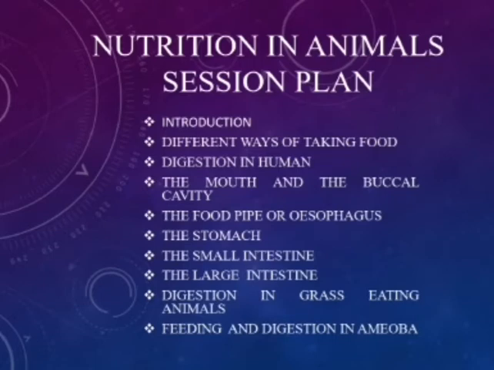In the previous class 6, you studied that food consists of many components. What are the components? The nutrients. Components means carbohydrate, protein, fat, vitamins and minerals, roughage. These are called components of food.